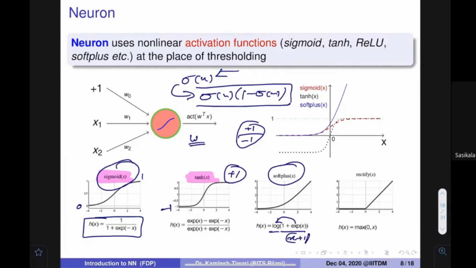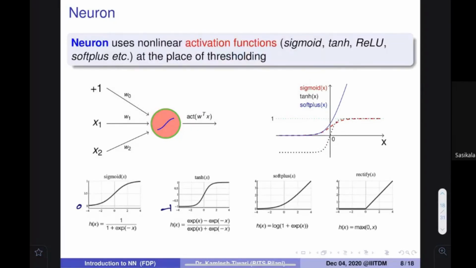The advantage of softplus is that it is proportional to x. With sigmoid, when the value of x is large, the derivative is very small, so it takes a long time to converge. Similar thing happens with the tan h. But with the softplus, if your value is large, then your derivative is large, so quickly you would be moving to convergence. This is an advantage of the softplus.